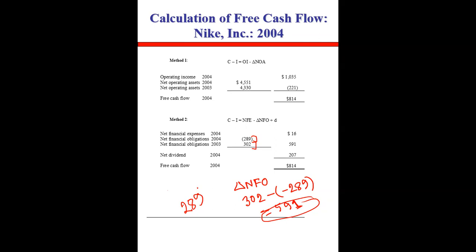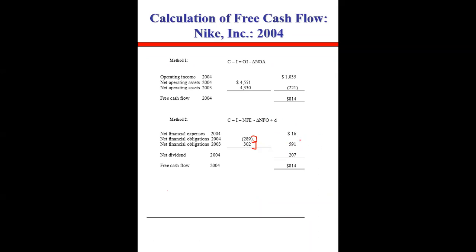Okay. So in this way, there is a change of net financial obligations, which is here 591. Okay. So when we are taking additional borrowing, in that case, it will be a negative.